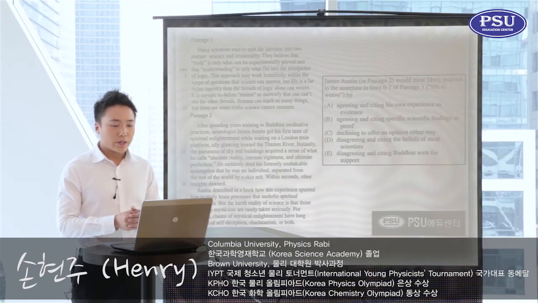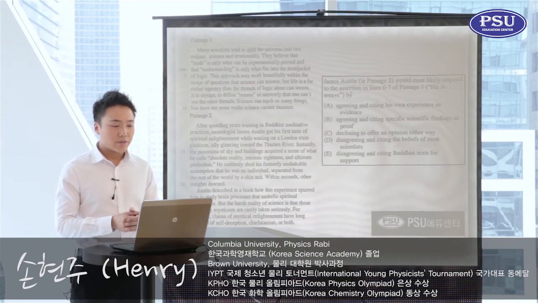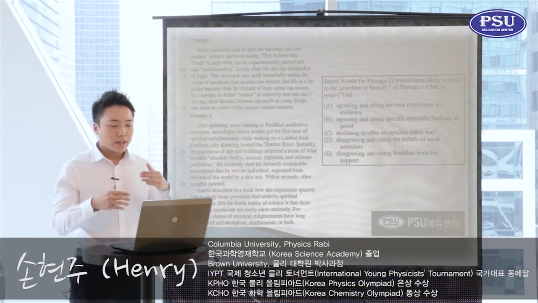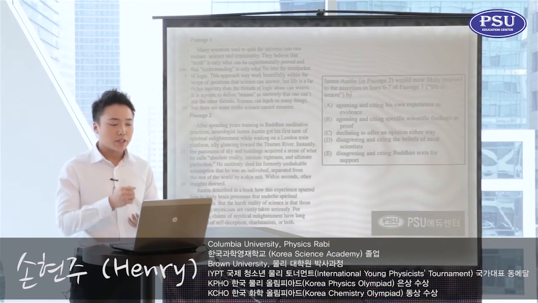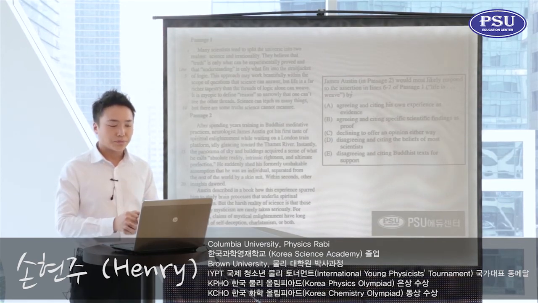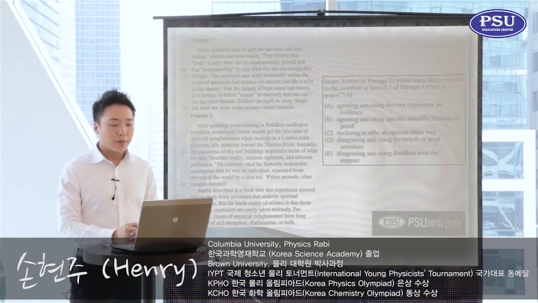Therefore, Austin would agree with this passage, because James Austin is somebody who has experienced that personal experiences can yield truth. So we know that it's agreeing, so we have to choose between A and B.